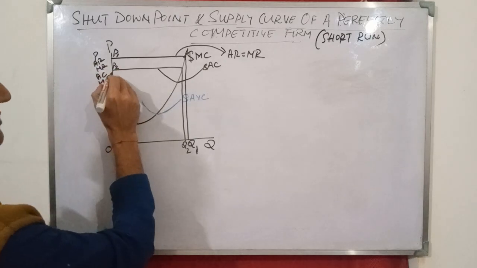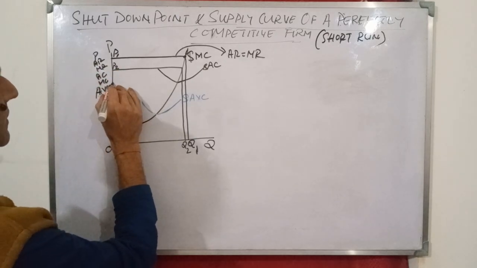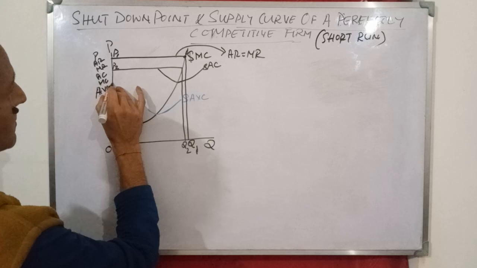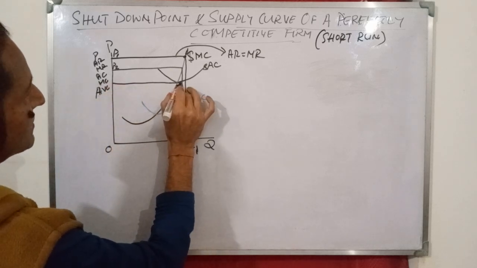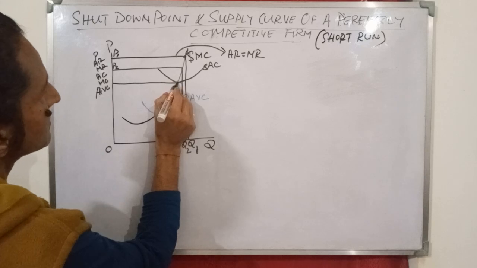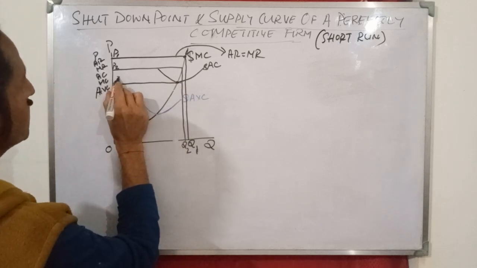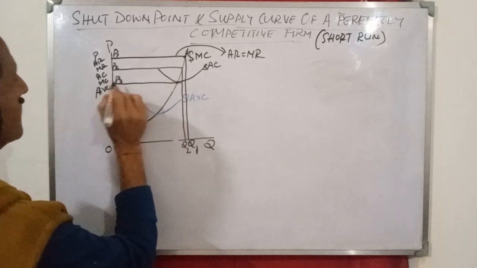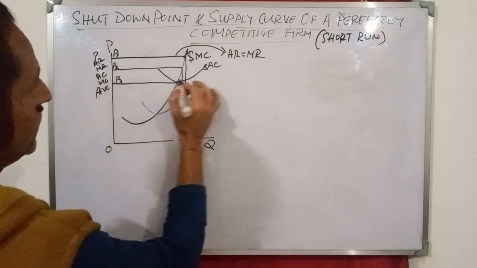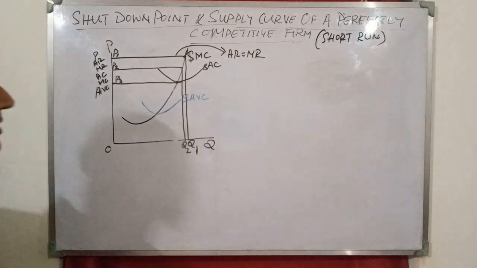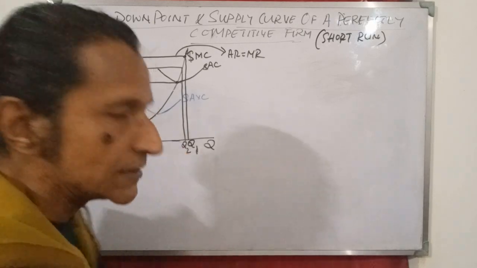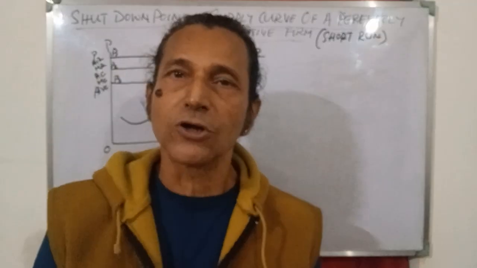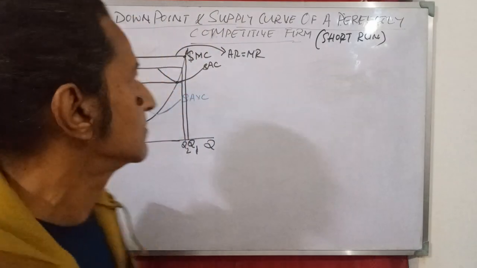Suppose price further falls to the level where it touches the minimum point of the average cost curve. So here, this is the price, say P sub 3. At this point, the marginal revenue curve intersects the marginal cost curve, and at this point, short-run average cost is minimum.